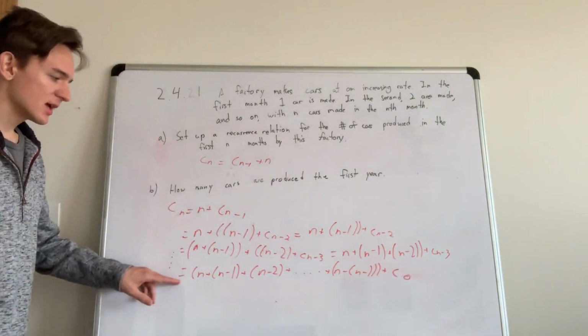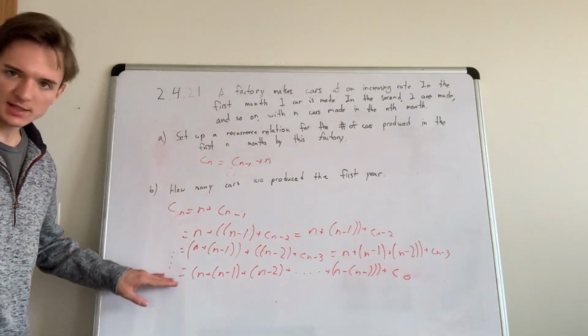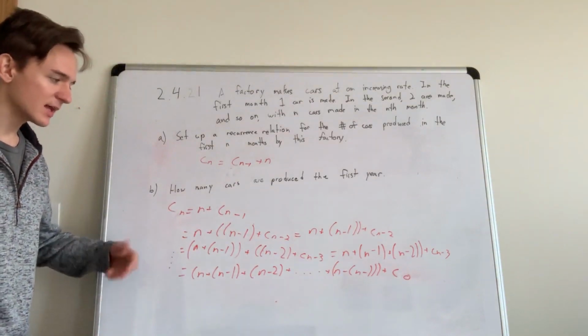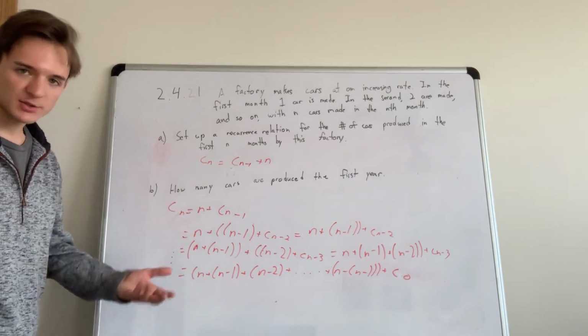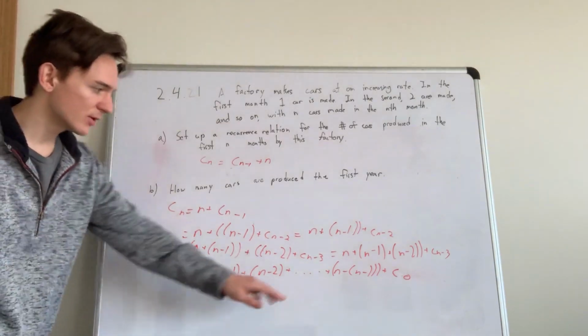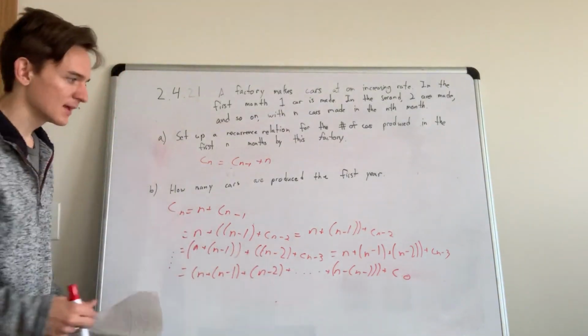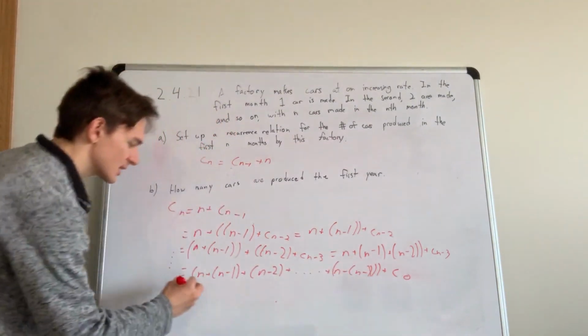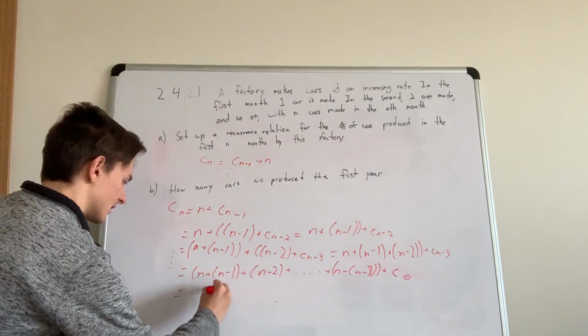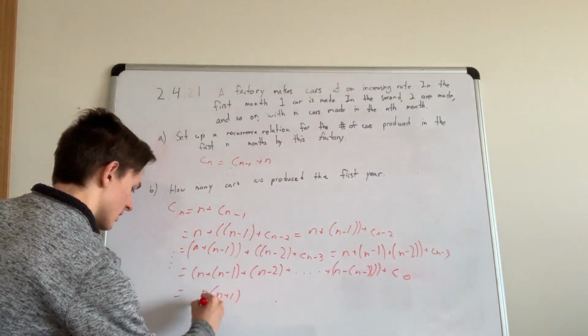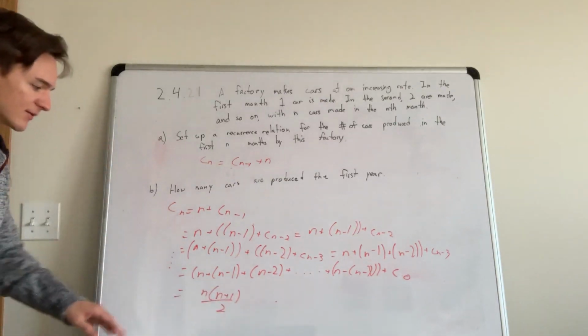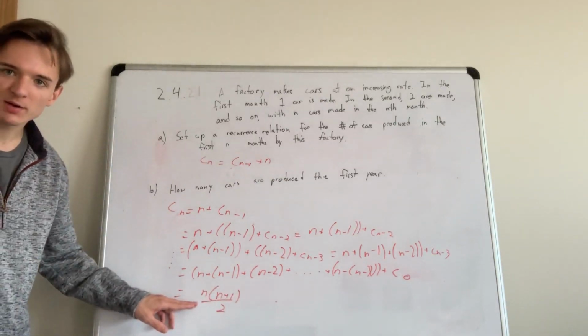When we have a summation sequence like this, where we continually add n minus 1 and n minus 2, that's just equivalent to n times n plus 1 all over 2, kind of our best friend. This equation pops up a lot.